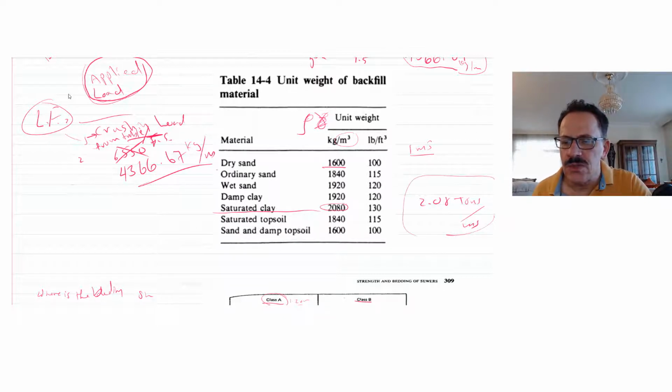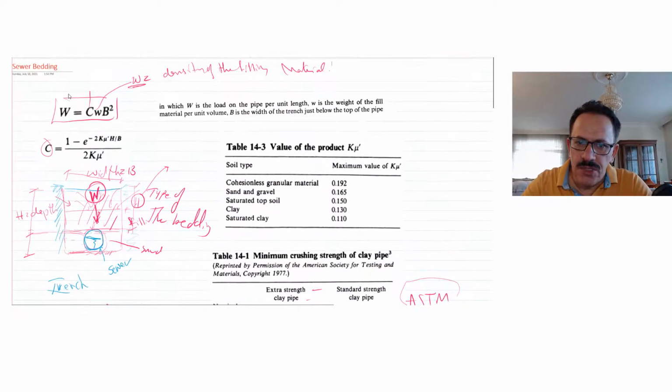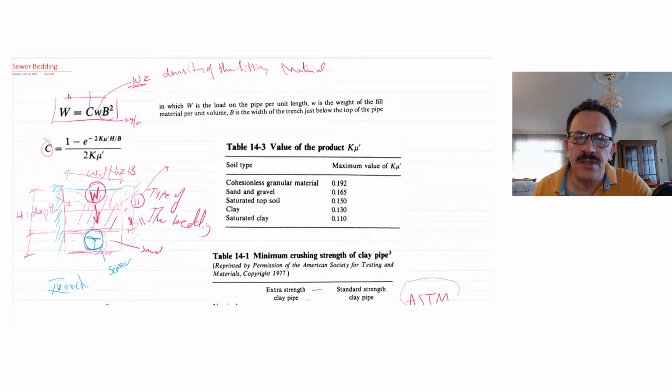That is in the worst condition, and you have to use that one in wet climatic conditions. Otherwise you can have these numbers. Now back to the equation. So this is the C and this is the kilogram per meter cube. Let me say that if I'm using clay, it will be 2080 kilogram per meter cube.